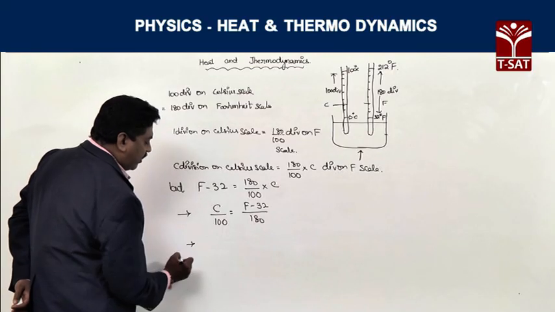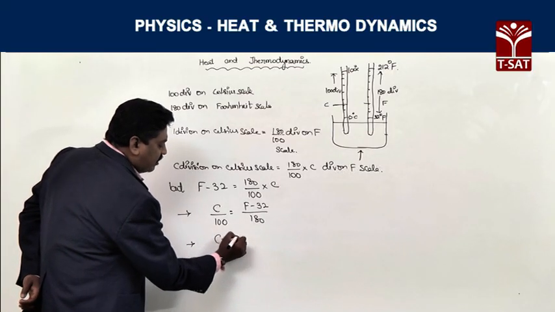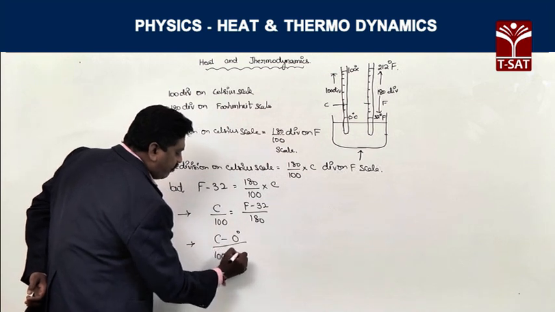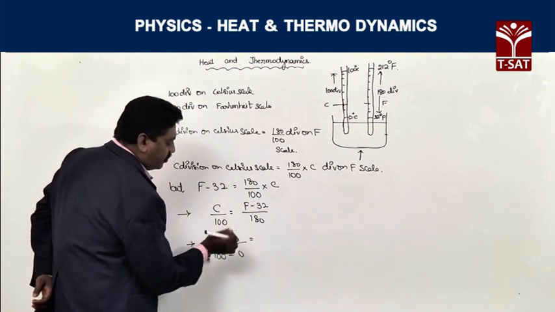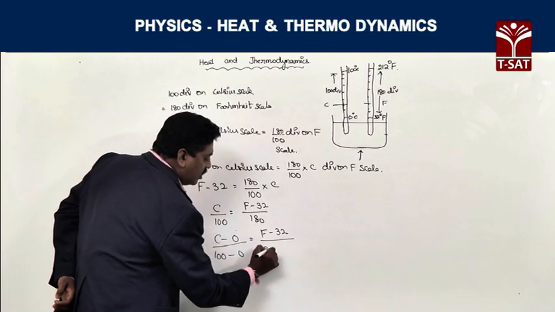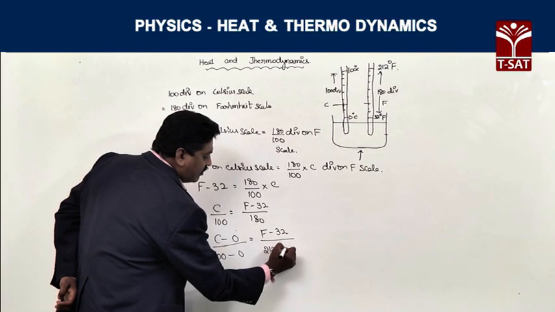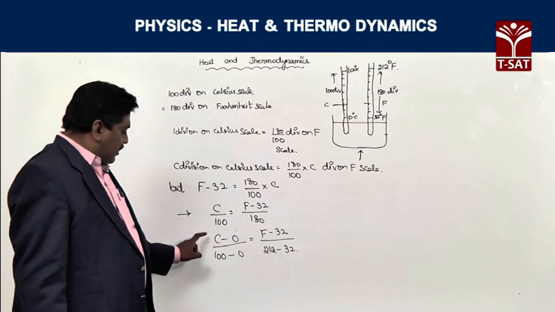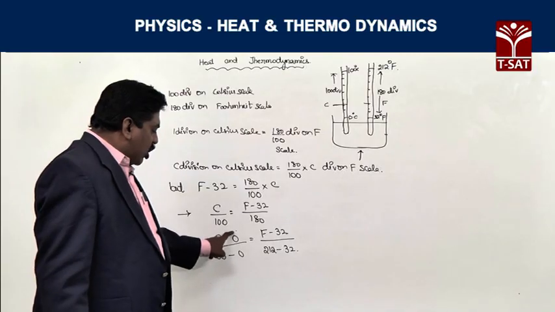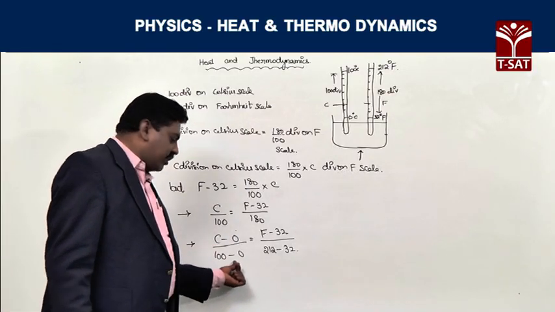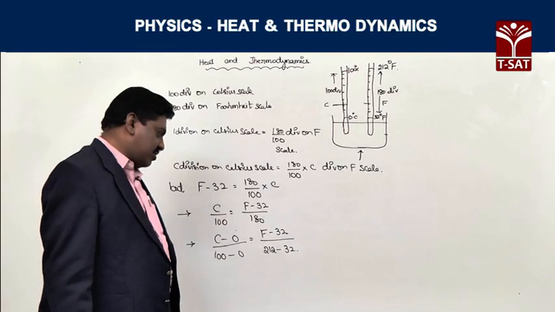This is nothing but C minus 0 by 100 minus 0 is equal to F minus 32 by 212 minus 32. Here we observe the pattern: reading minus lower fixed point divided by upper fixed point minus lower fixed point.